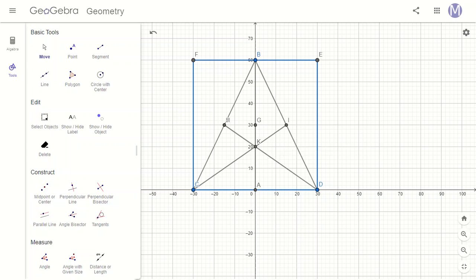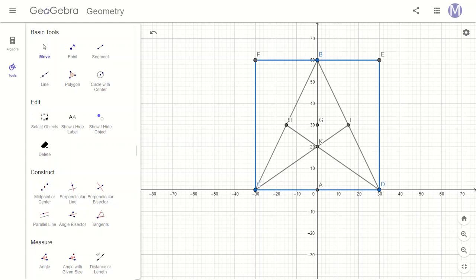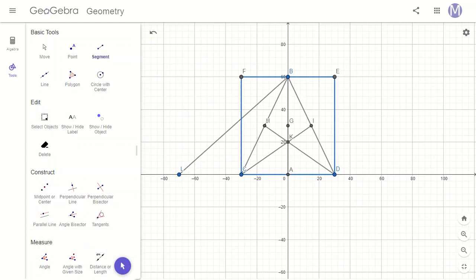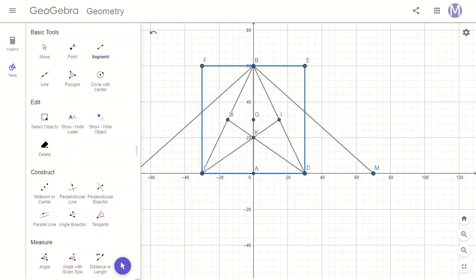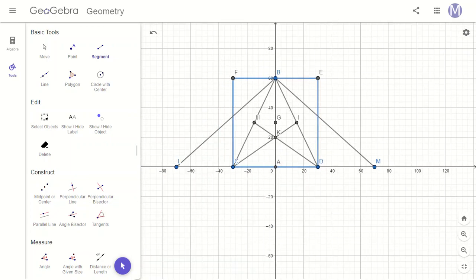Now let's prove that every triangle has this special property in the height of it. Let's make this triangle different, bigger. I'm going to extend this triangle to 70 right here, and then we'll go 70 down this way. Is this ratio on the first height going to hold? Is it going to be the same points that intersect this next one?